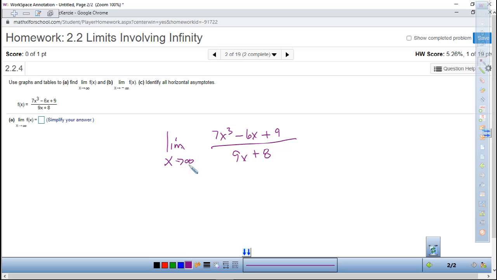Well, when you get to 1 million, what's going to be larger, 7 times 1 million cubed, or 6 times 1 million, or 9? Well, of course, this 7 times 1 million cubed is going to be. So what we're going to do, and this is where it gets kind of weird because you haven't been able to do this, we're going to ignore these, because this is going to control the value of that top polynomial.